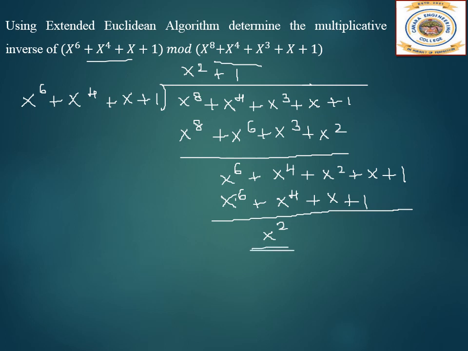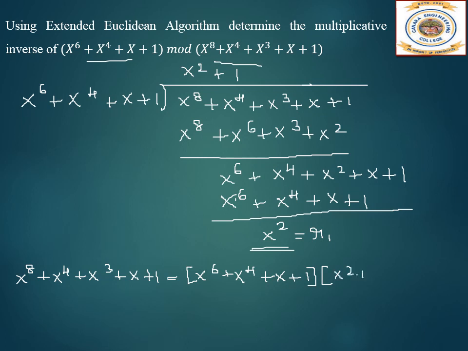Now this is our remainder R1. Using the division algorithm, we can write x to the power 8 plus x to the power 4 plus x cube plus x plus 1 equal to x to the power 6 plus x to the power 4 plus x plus 1 into x square plus 1, plus x square.